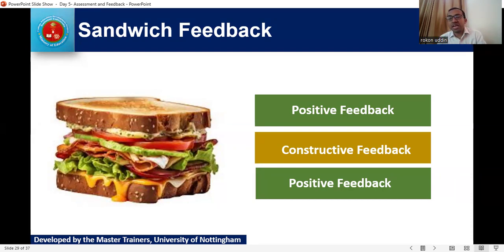The top one is positive feedback, the bottom one is positive feedback, and in the middle a negative or constructive feedback is given. Negative feedback is in the middle.